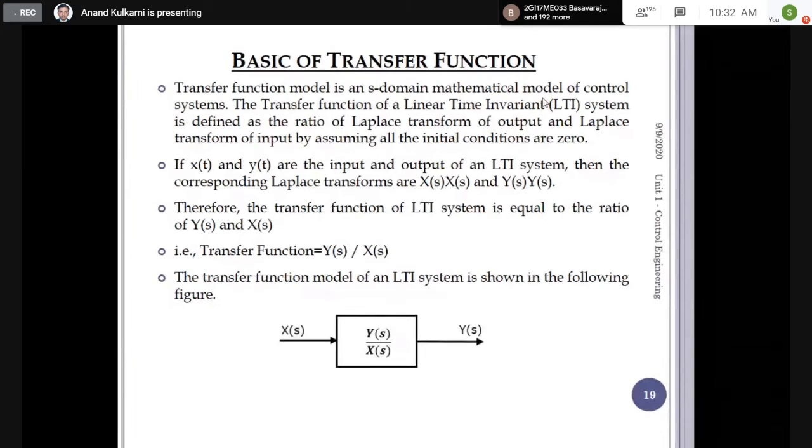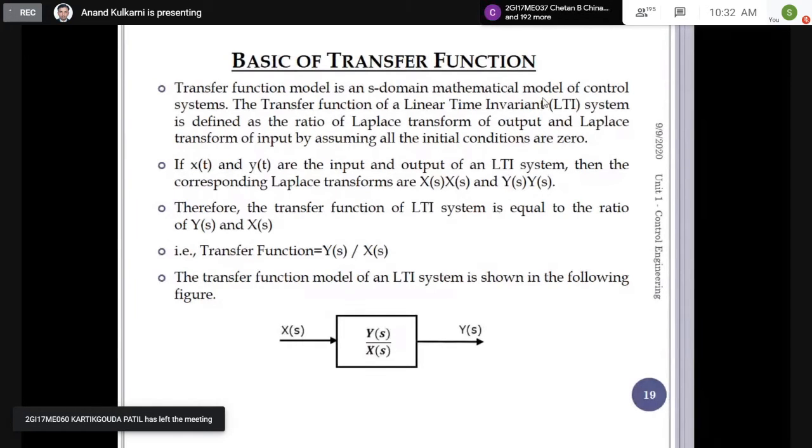This is one part. Then what is meant by time invariant? Time invariant means here the independent variable is time. x is the dependent variable, whereas t is the independent variable. So in the system, t should not become a dependent variable. If t becomes a dependent variable, then it is called a time variant system.